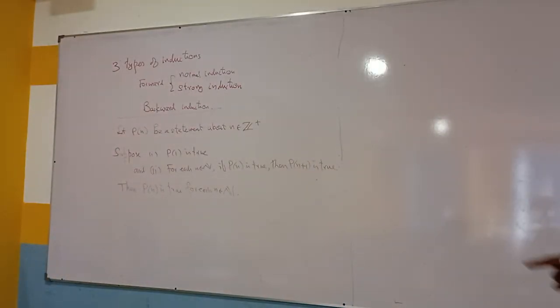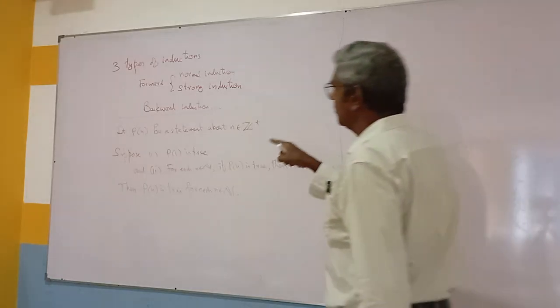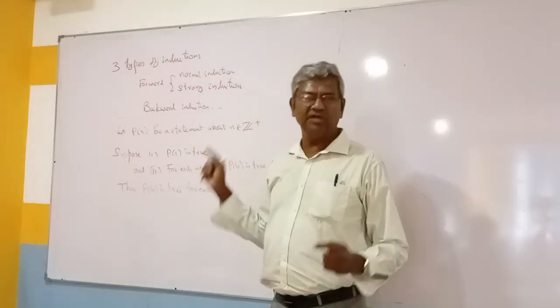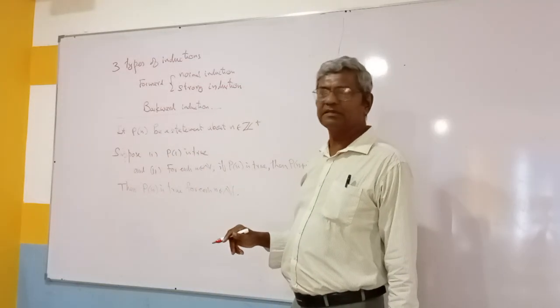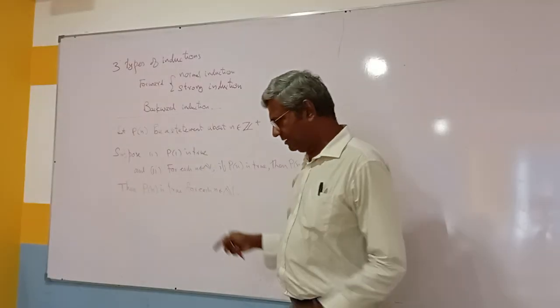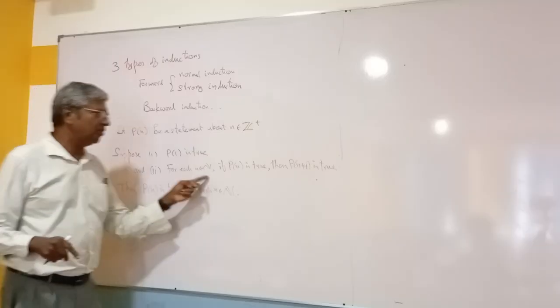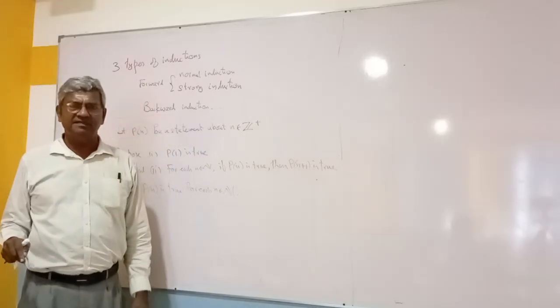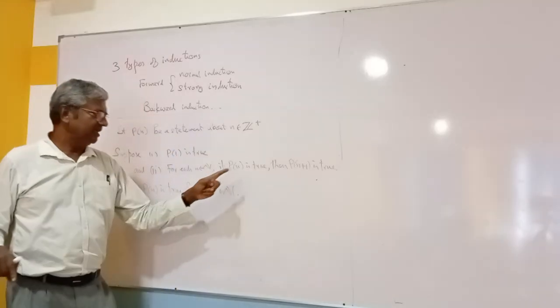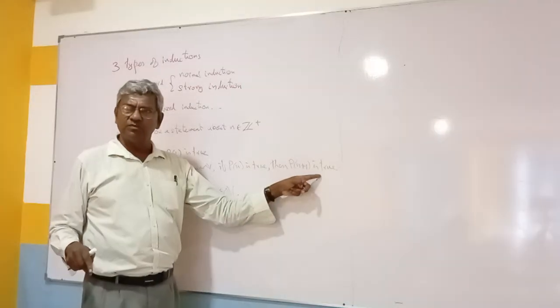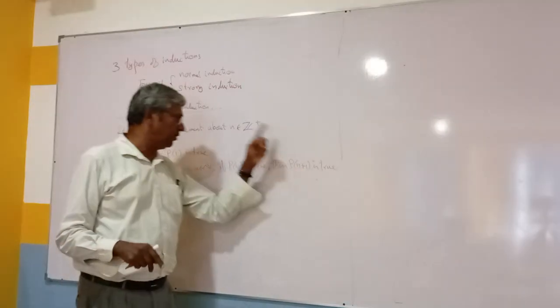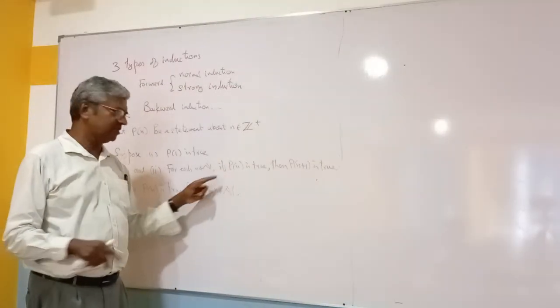Sometimes you cannot prove P1 directly, then you have to go for proof by contradiction. Then for the second one, you take any n belongs to N and want to prove this conditional statement. There are 3 methods. Assume this one is true, prove this one. Assume this one is false, prove that this is false.